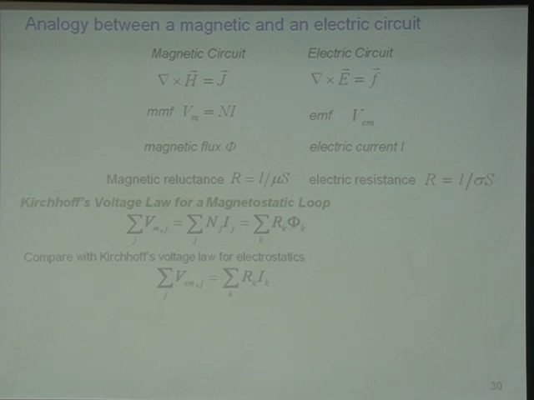Okay. So you can also write down Kirchhoff's voltage law for a magnetostatic loop. In an electric circuit, if you add up all the EMFs, it equals the voltage drop in the circuit. Right? So let's do the same thing. Do the summation of all the MMF in the magnetic circuit. That is equal to the summation of all the Ni in your circuit.